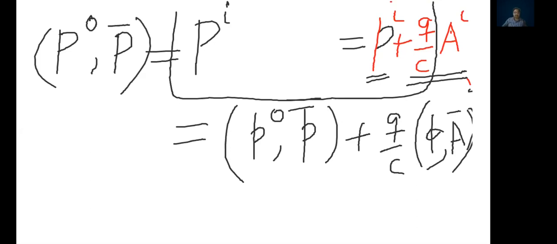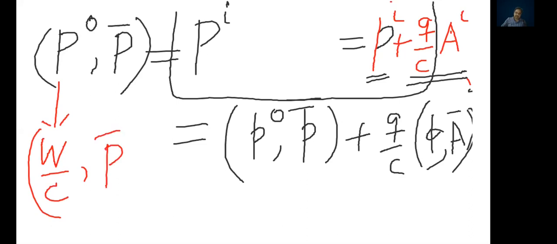Or in well-known terms, you can write this as I just wrote, W by C, that is the total energy divided by the speed of light. Then this is the conjugate momentum, let it be so.